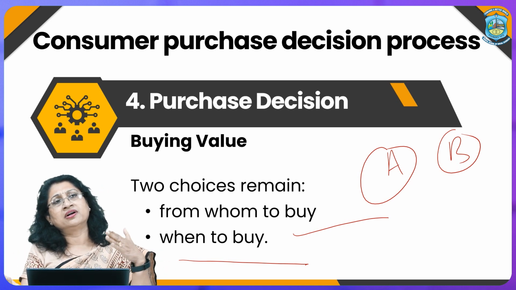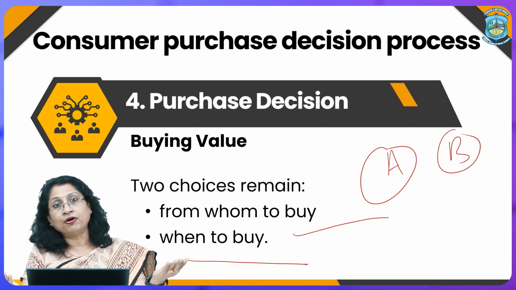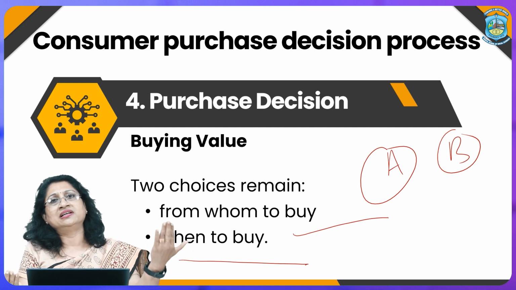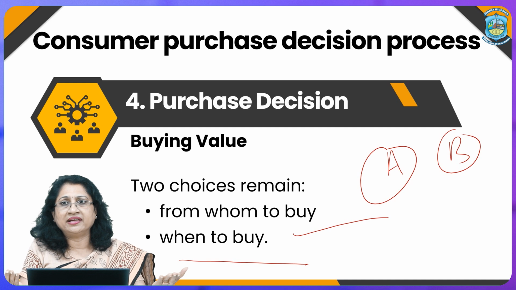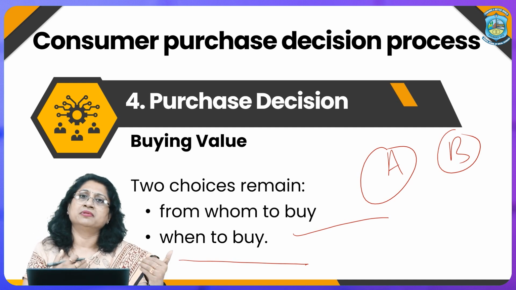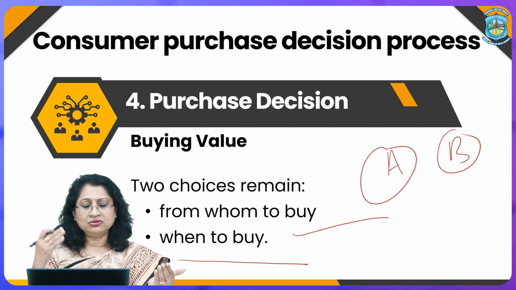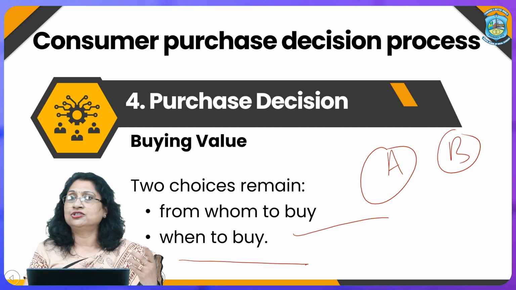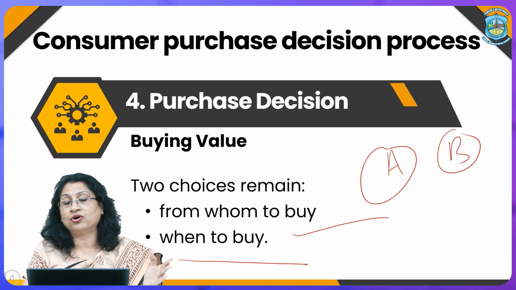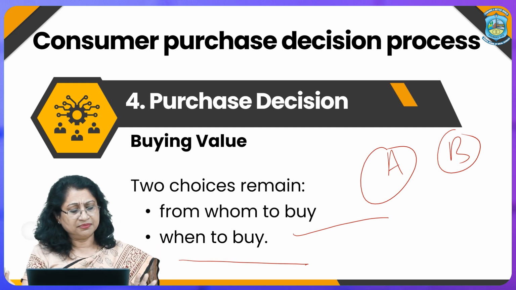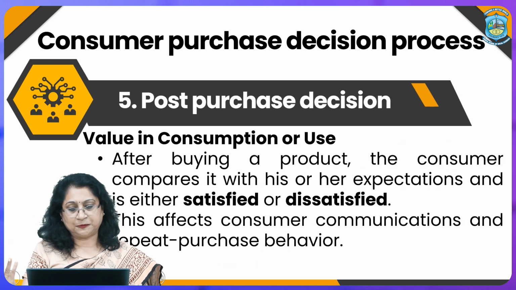I can wait for some kind of offers of the festivals, unlike the brand switchers who would definitely get into buying because for them the product is more important, and for me maybe the brand is more important. So, the choices of from where to buy and when to buy are also very important as far as the fourth stage of the purchase decision is concerned, because that is actually giving the consumer the buying value.